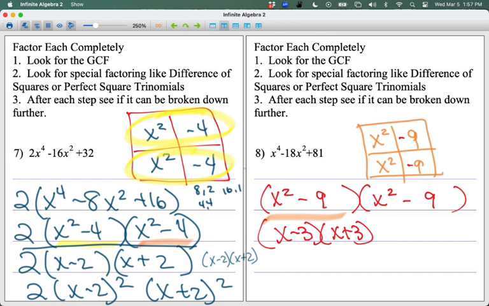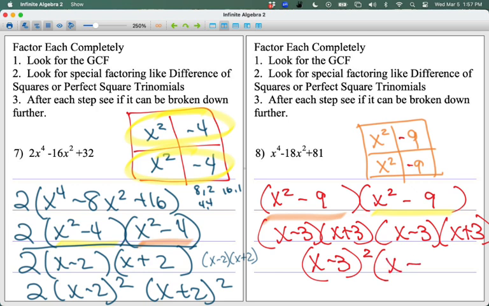And the yellow one is going to become also x minus 3, x plus 3. And these two are the same, and they can be written as squared. And these two are the same, and they can be written as squared. So I'll have x minus 3 squared and x plus 3 squared.